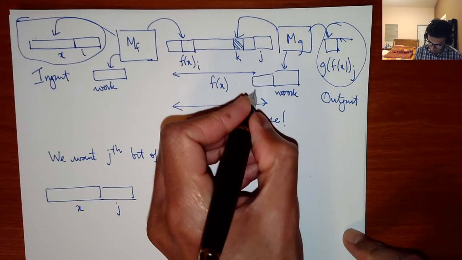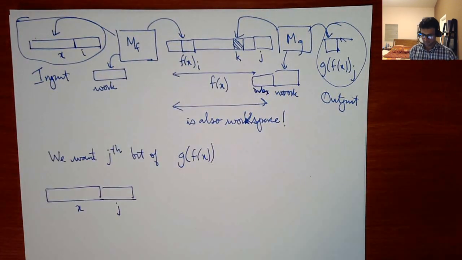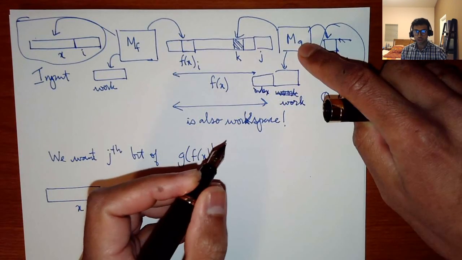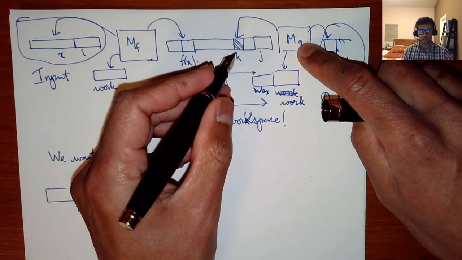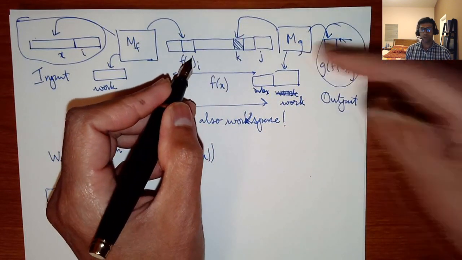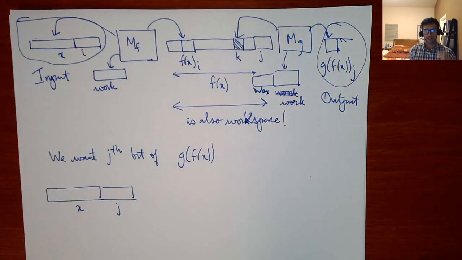So the workspace stores an index of what needs to be read. So MG simply stores where the head is. And when it needs the bit from there, it runs MF just to get that bit. And then it updates the head position. The position of the head can be stored in Logspace.